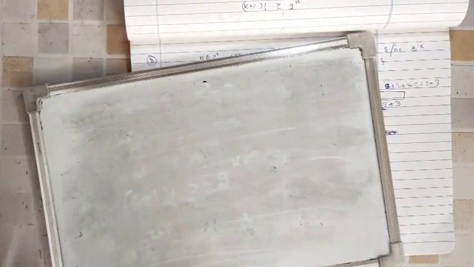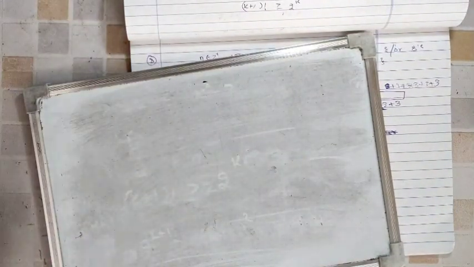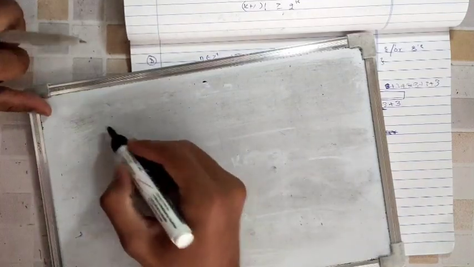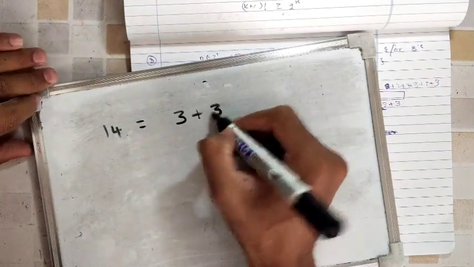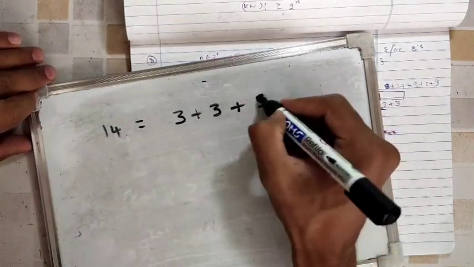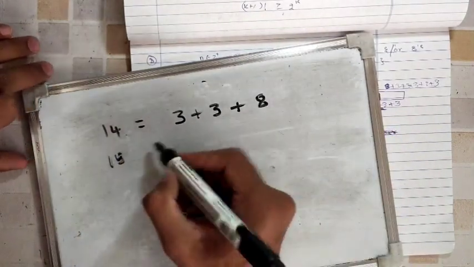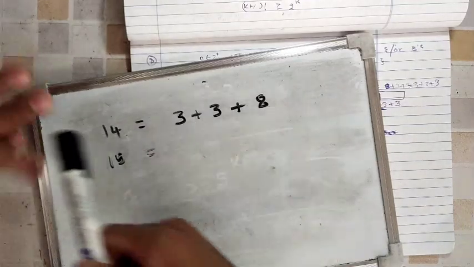We know that if I am taking k as 14, then 3 is used r, 2 times, and 8 is used s, 1 time.